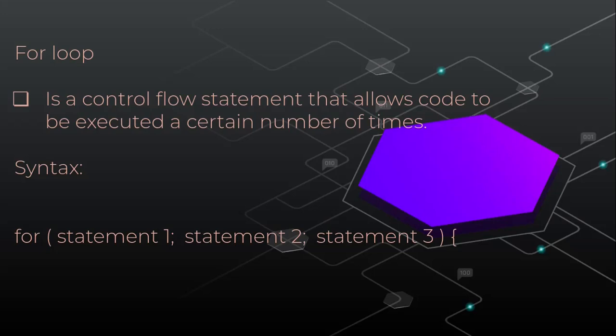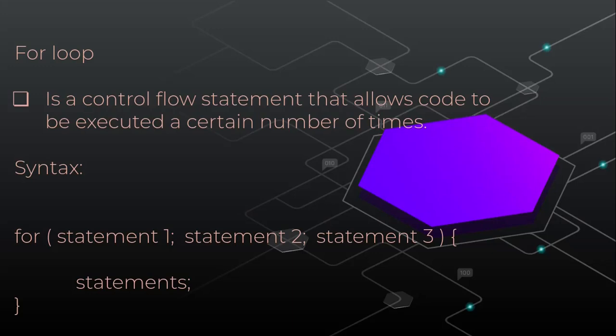So the third statement is going to be changing the variable you declared in statement 1. I believe that makes sense. And then you're going to have your statements inside, and then you close. And ladies and gentlemen, that is a for loop.